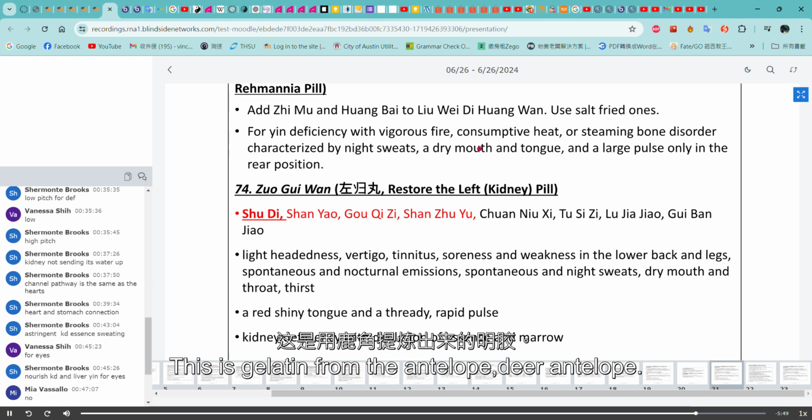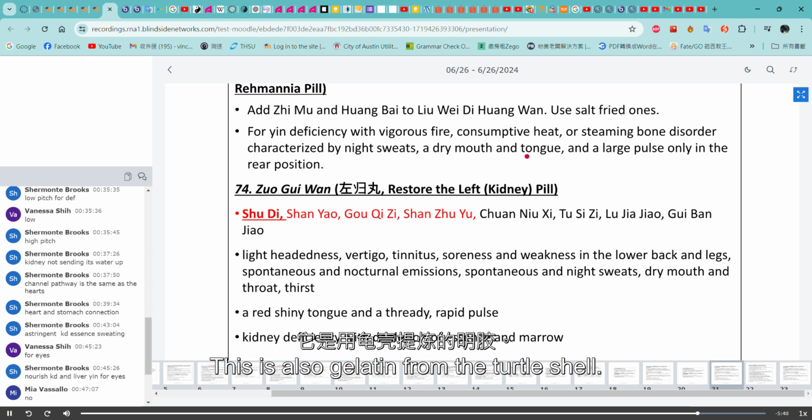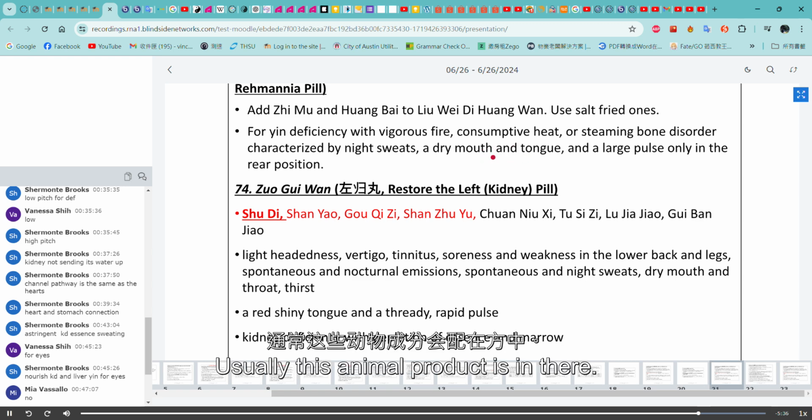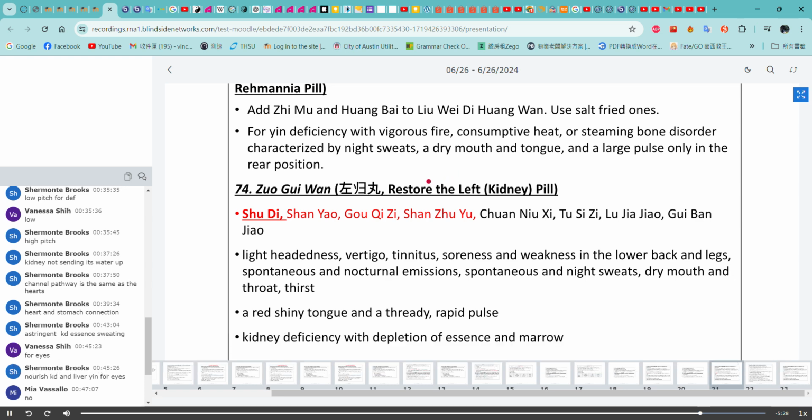This is gelatin from the deer antler, and Gui Ban Jiao. This is also gelatin from the turtle shell. Usually when this animal product is in there, the condition is more quickly developed and more severe.